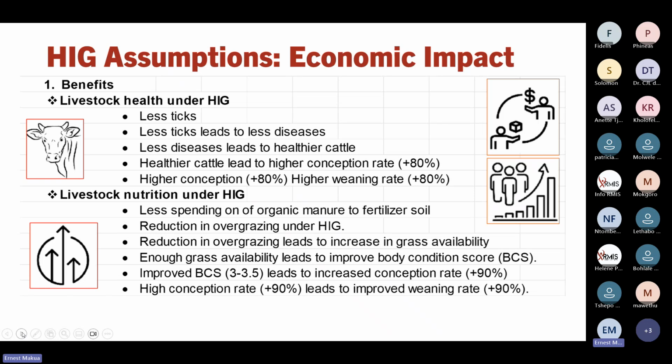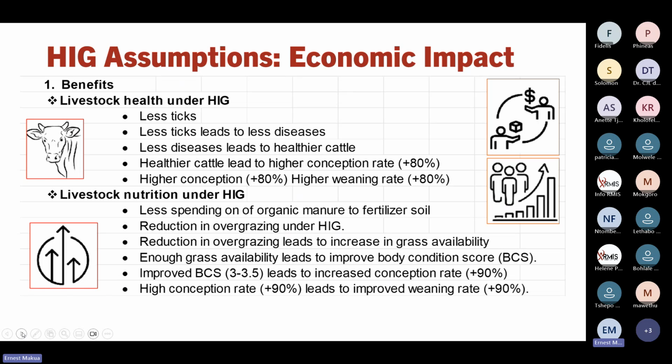I will be finishing very soon, so I'm just going to summarize this. We tried to make assumptions for people who are interested in implementing high intensity grazing. What are the benefits of implementing the system on your farm?